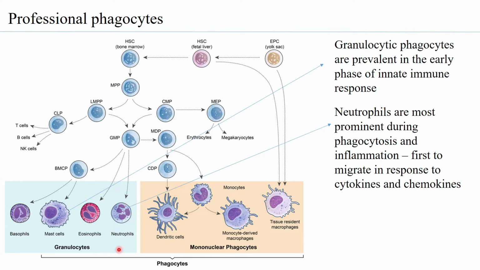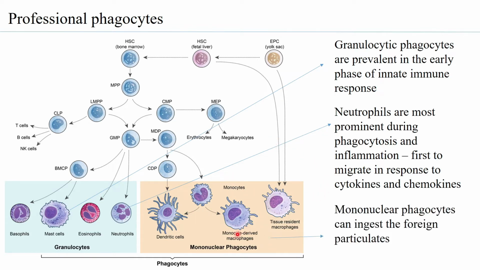They are also the first to respond to cytokines and chemokines. So they rush to a site where you have more cytokines and chemokines, and that generally happens when the cells that give rise to cytokines and chemokines have encountered a foreign particulate matter or an antigen.